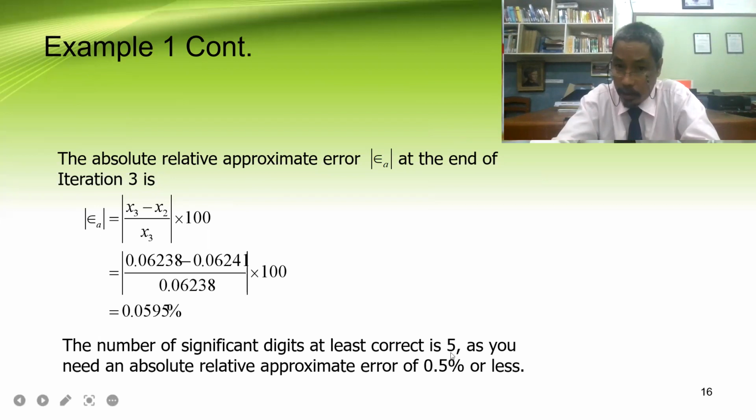Correct your notes here. The number of significant digits at least correct is 2, not 5. Okay, because our answer here is 0.059, which is less than 0.5, because our criterion is 0.5 for 2 significant digits. Okay, so at least we know that the correct answer is 0.062.